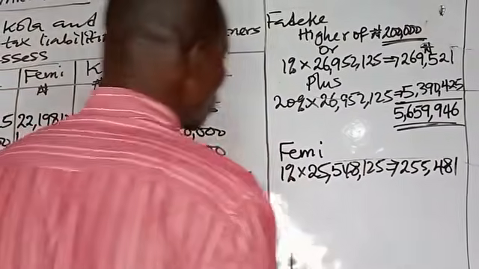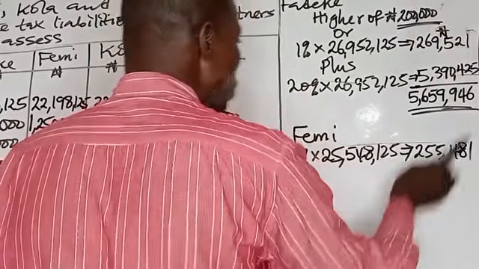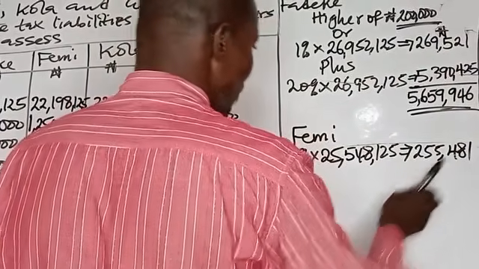Since it is greater than 200,000, this will be used. But where 200,000 is greater than this, then you use 200,000 instead.